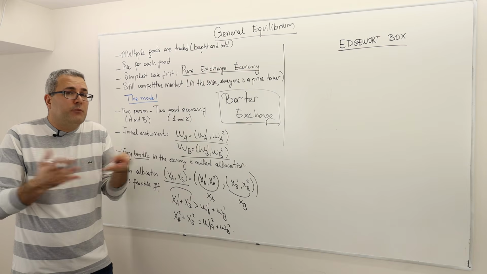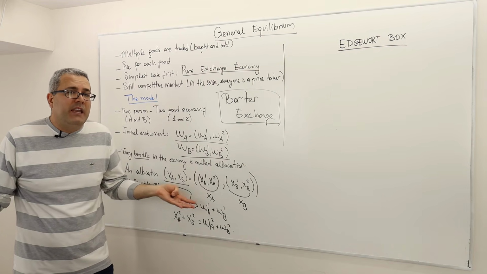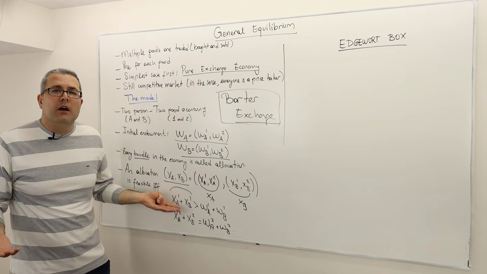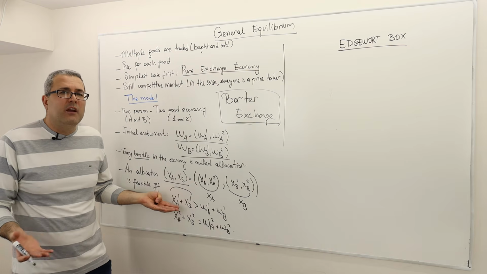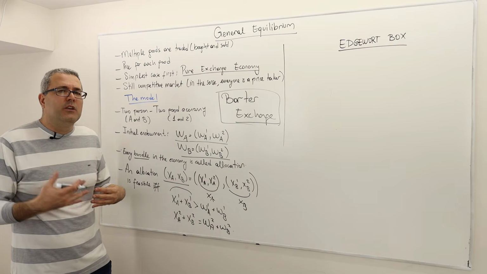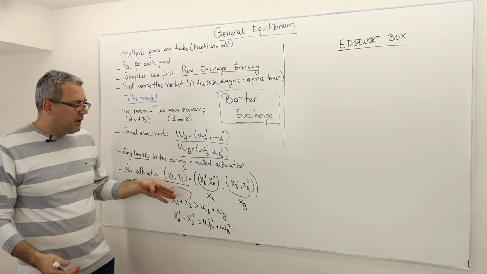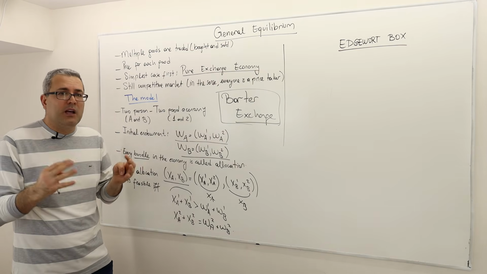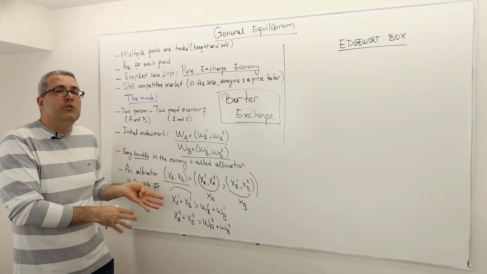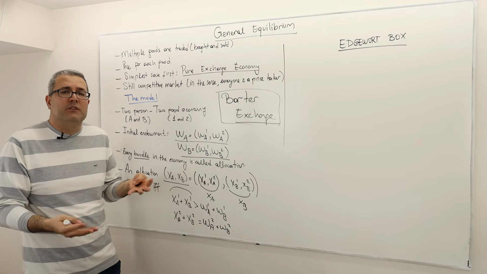I'm sorry, but we don't have that many apples. You can't consume things that you don't have. Remember, there is no production here. You can't create something out of thin air. So whatever you bring, the total supply, your total demand must be equal to the supply.